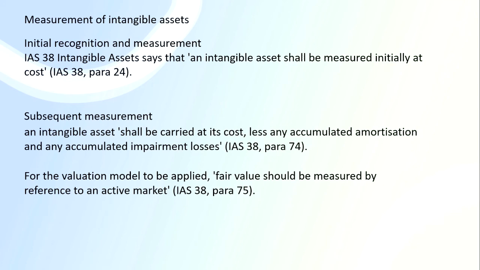So you must remember the first thing about intangible non-current asset, which is the definition. What is the meaning of intangible non-current asset? What are examples of intangible non-current asset?